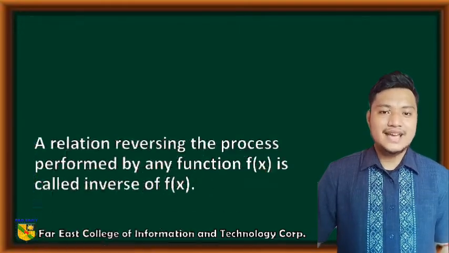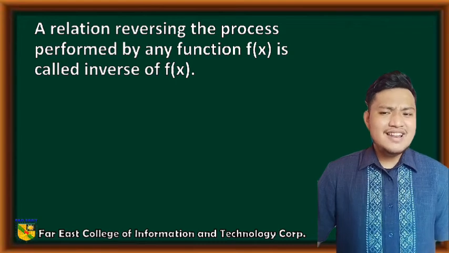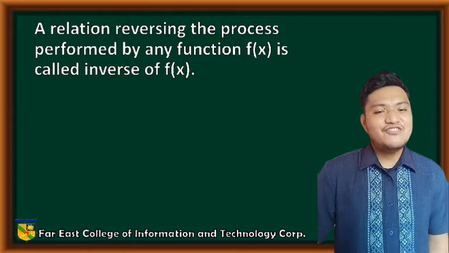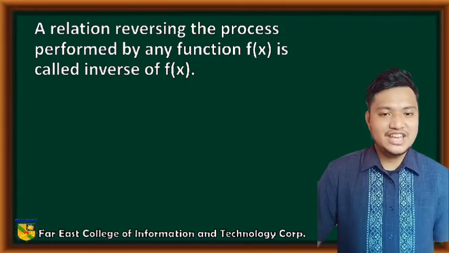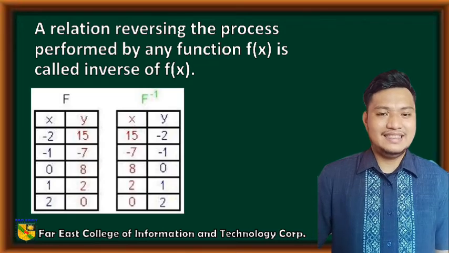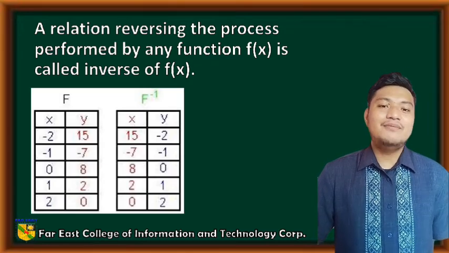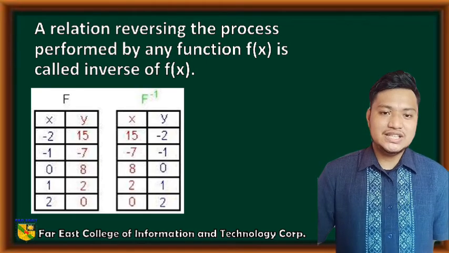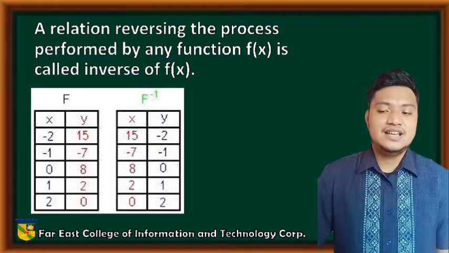Next, a relation reversing the process performed by any function f of x is called the inverse. For the word itself, inverse, it means going back. Here is a diagram to show if the function is an inverse.